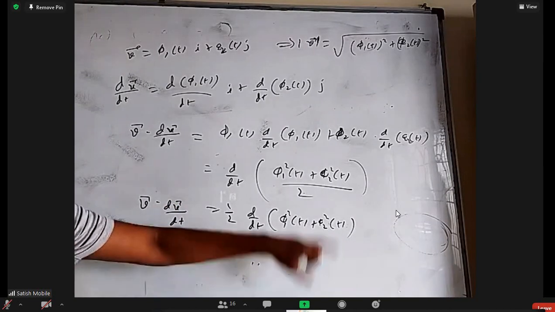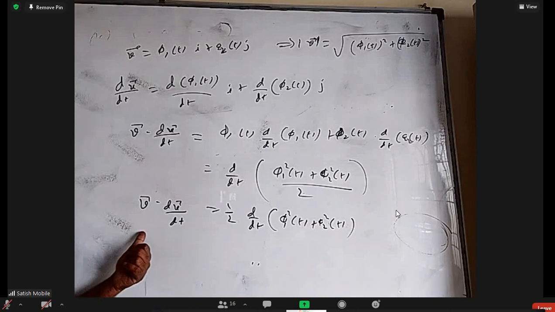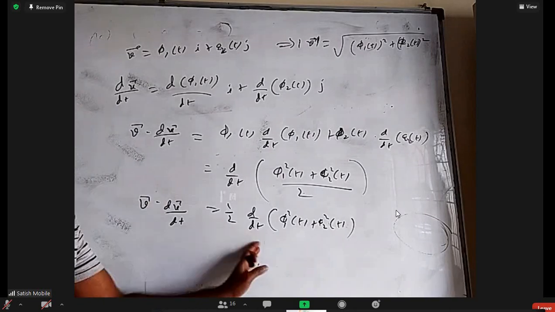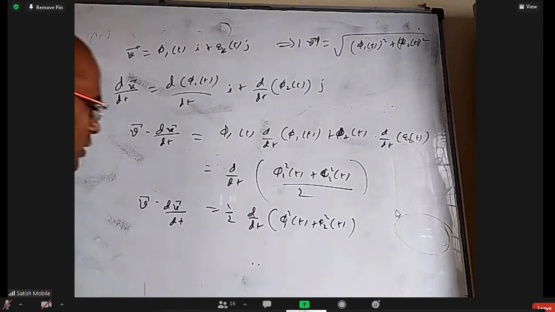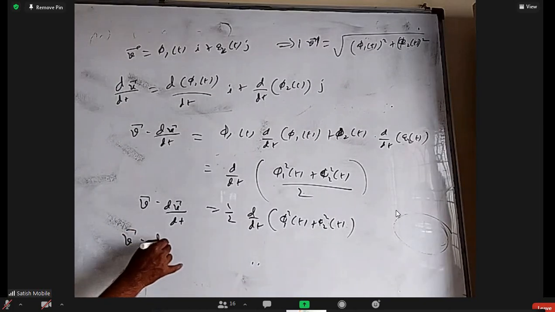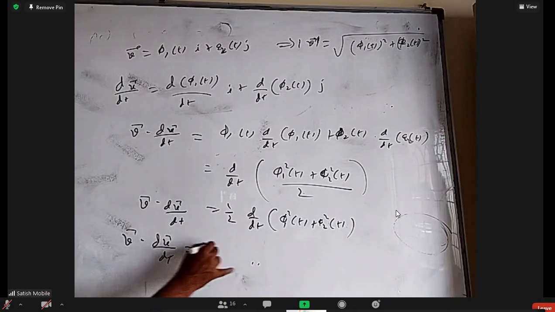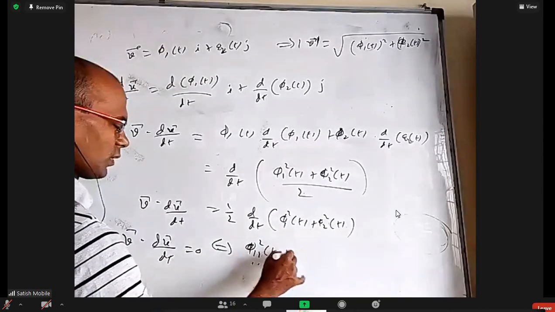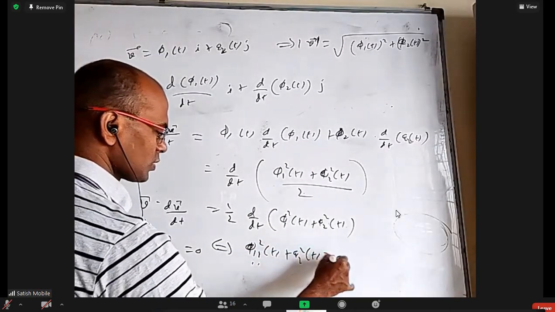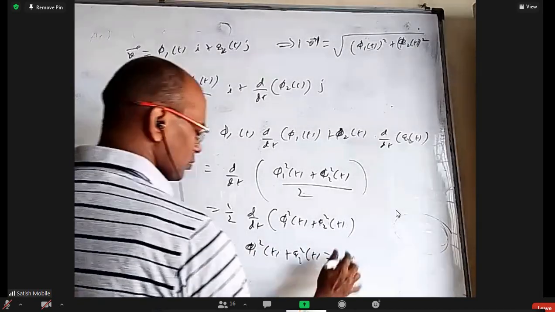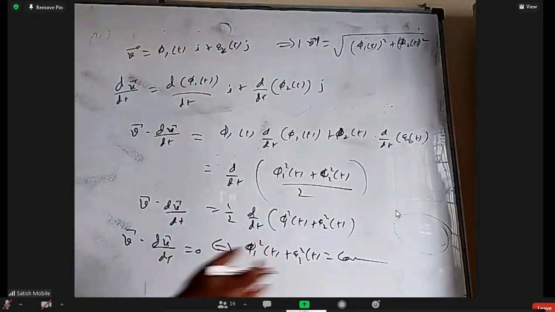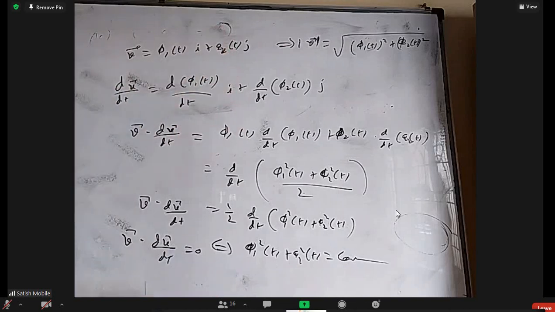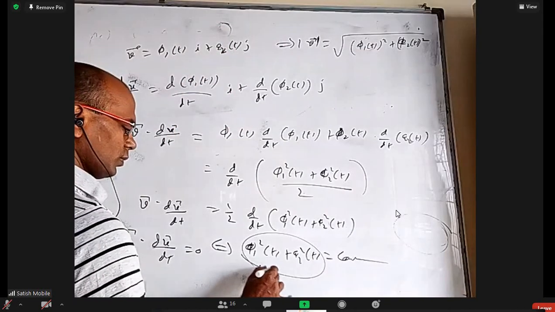If it is a constant, the derivative will be 0. And if the derivative is 0, that will be constant. So they are interrelated. So v bar dot dv bar by dt equal to 0 implies phi1 square of t plus phi2 square of t is equal to constant, not 0, sorry, constant. So that is exactly the mod v bar.